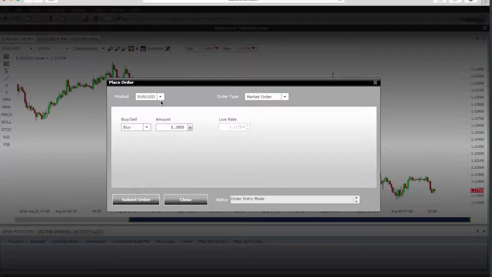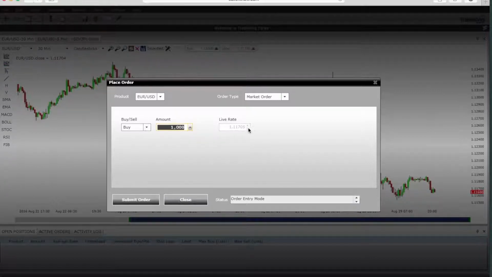You'll notice on this trade order screen, you can of course select which currency pair you want to trade. Here we've selected the euro-dollar pair. You can also select whether you want to buy or sell the pair. You can select the amount that you want to trade. We'll stick with the smallest amount, 1,000 units.